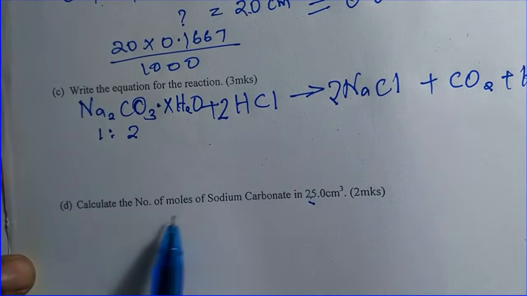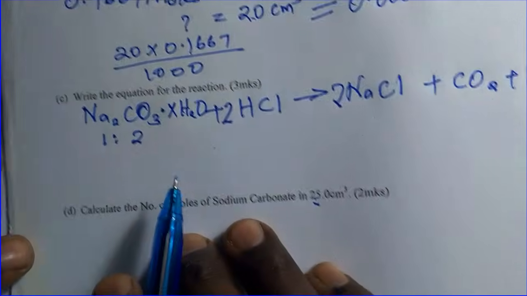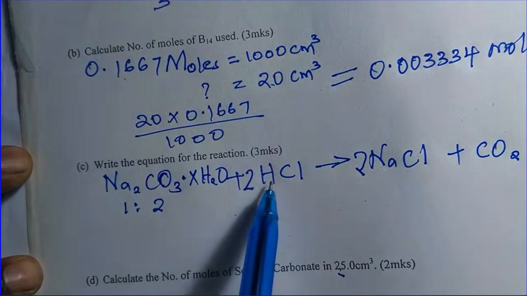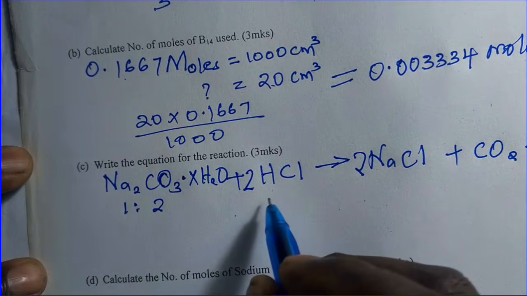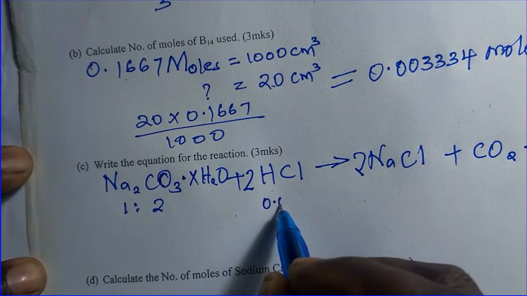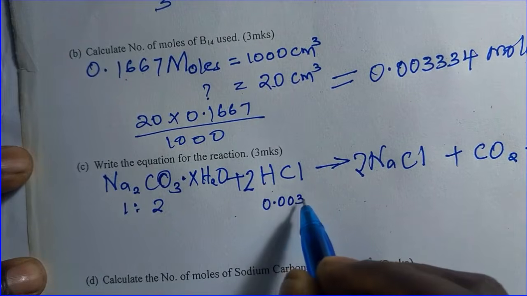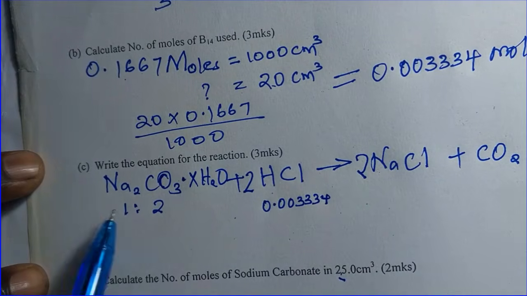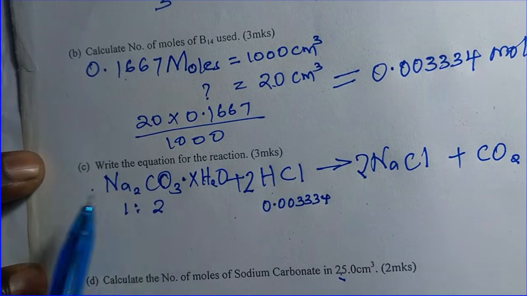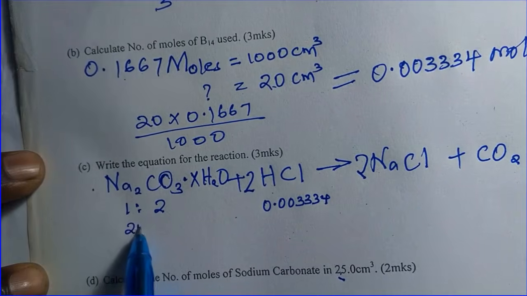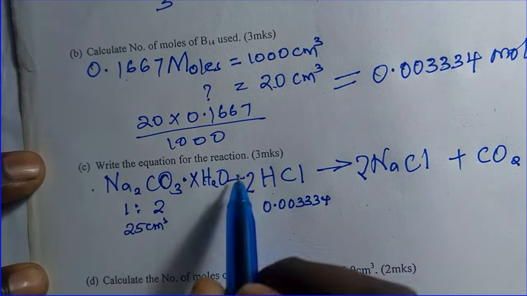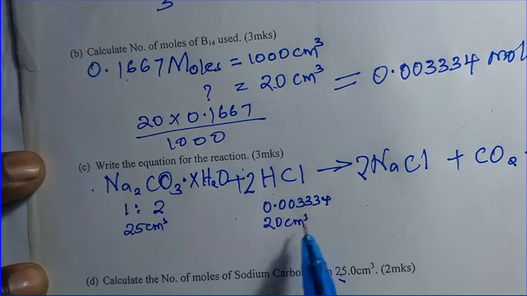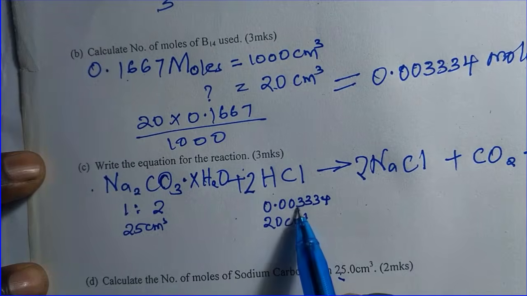Now, what is the number of moles of the carbonate? We already know the number of moles of HCl. So the number of moles of this HCl is 0.00334, right? This 25 centimeters cube reacted with 20 centimeters cube HCl, and the number of moles of this one is this.